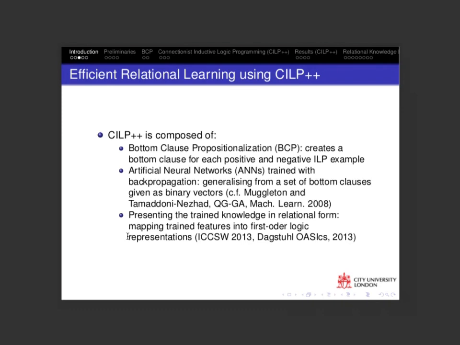So the system is based on what I've shown you, but it has these three steps. We propositionalize bottom clauses. We apply a neural net for learning on those vectors with backpropagation and early stopping. And then we present the result in first-order logic representations following learning.